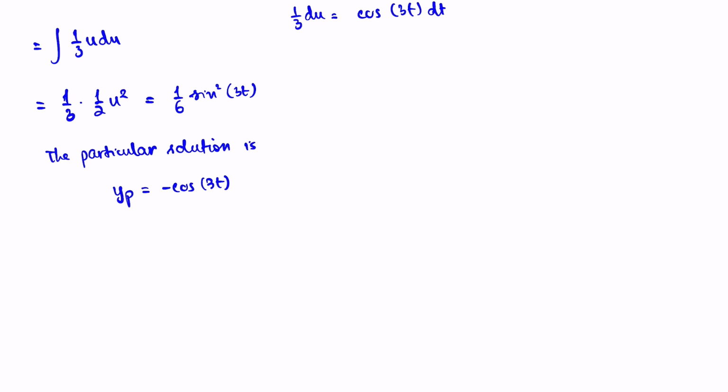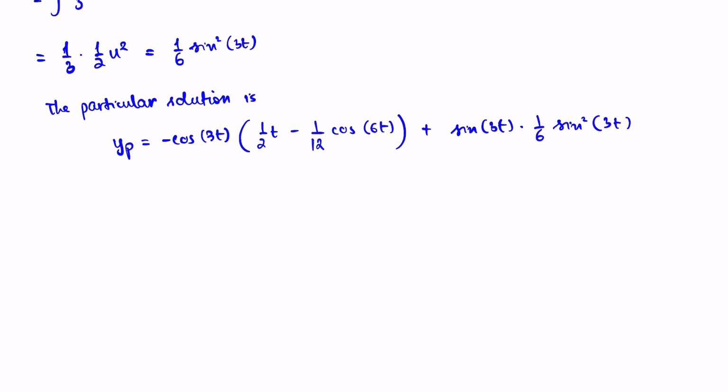So negative cosine of 3t times (1/2 t minus 1/12 times sine of 6t) plus sine of 3t times 1/6 times sine squared of 3t.